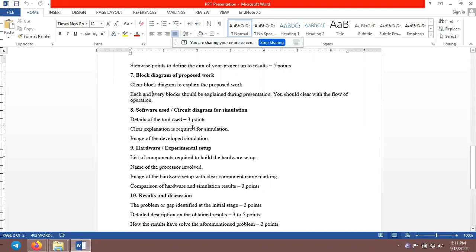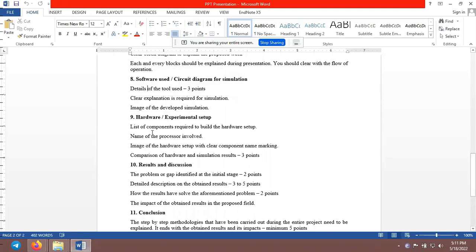For an industry project, this will not be here, since a lot of students have implemented their project in industries. Otherwise, you need to include the software used in your presentation. And next, hardware results or experimental results.